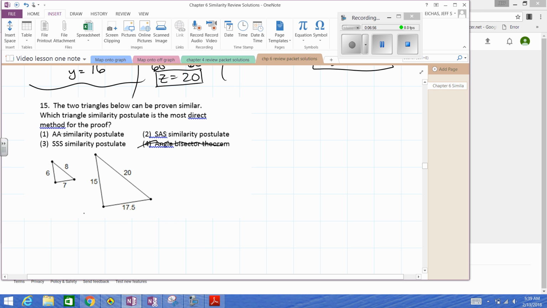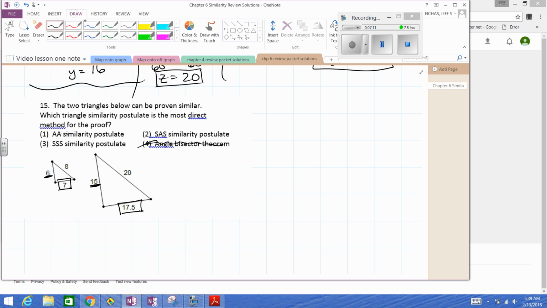Now, how do you know which ones are corresponding? Well, the 6 is the smallest on this triangle. The 15 is the smallest there. It's got to be what matches. We'll box in these, maybe take our highlighter and highlight that pair. So now you know which ones are corresponding.